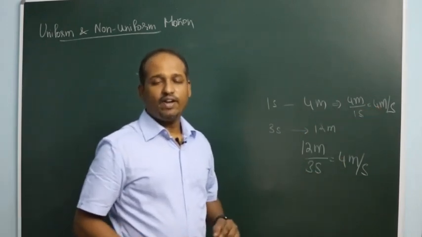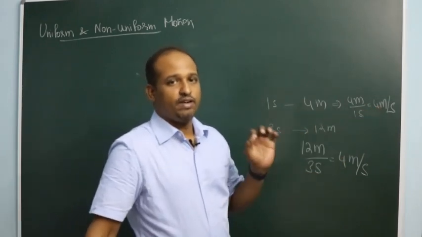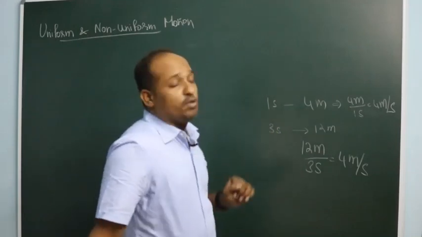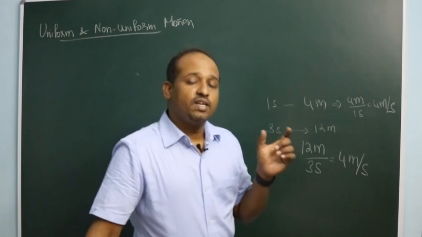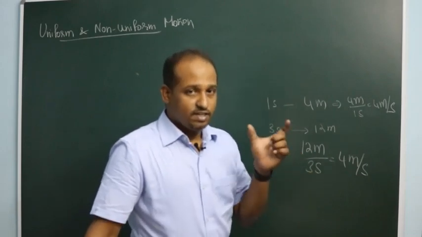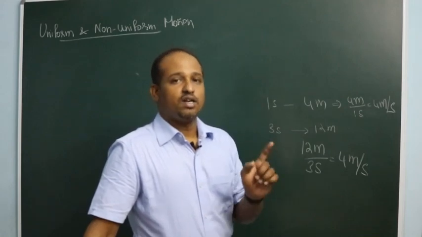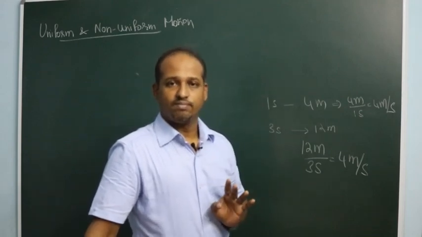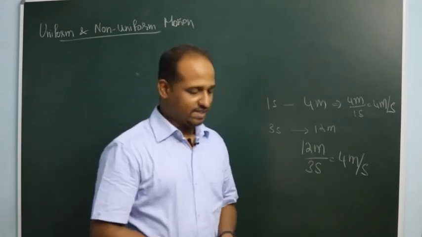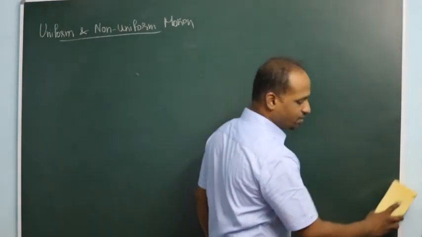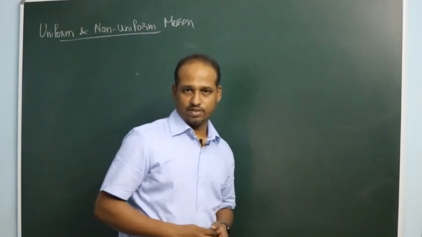So whenever we define, we need to be careful about defining non-uniform velocity or non-uniform motion. That means an object that covers unequal displacements in equal intervals of time is called non-uniform velocity. I'll give you one example. Let me introduce a little bit higher concept.